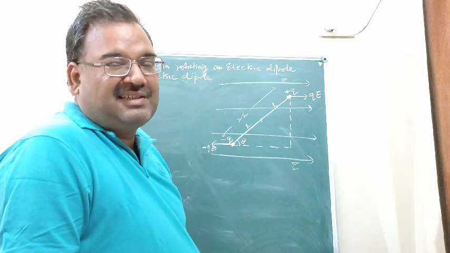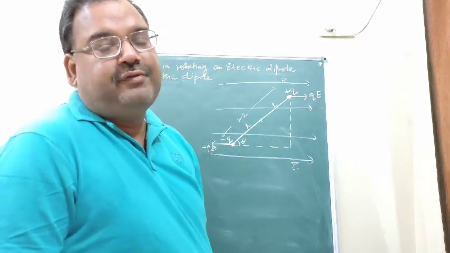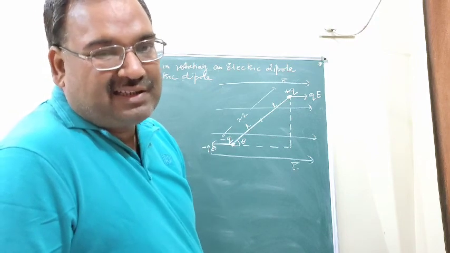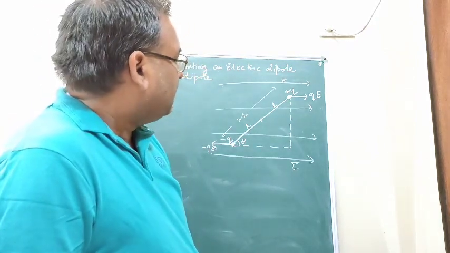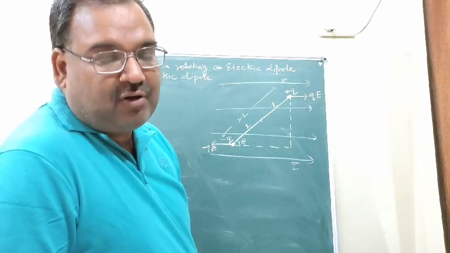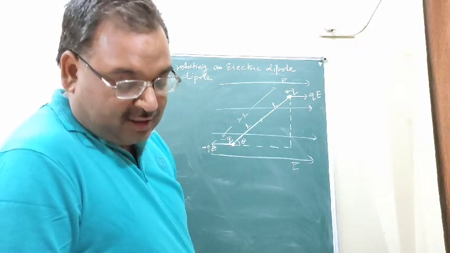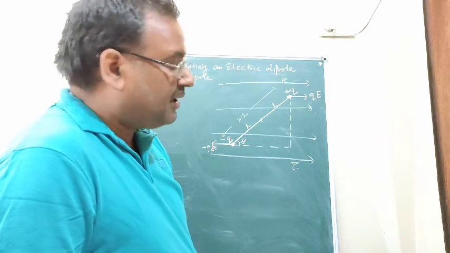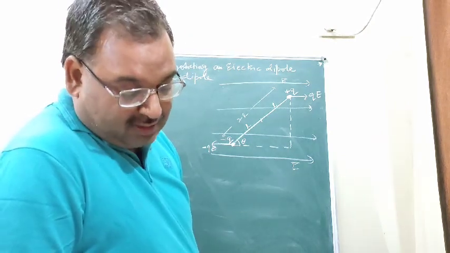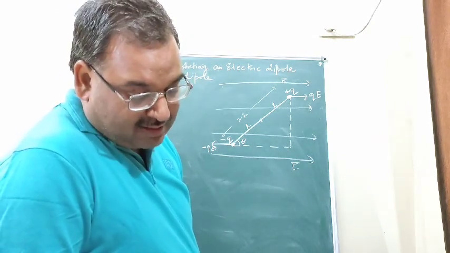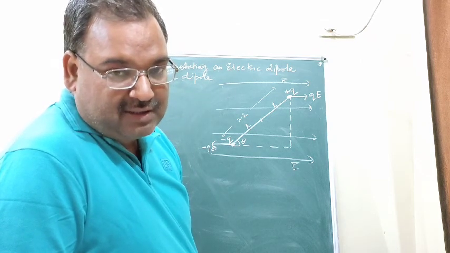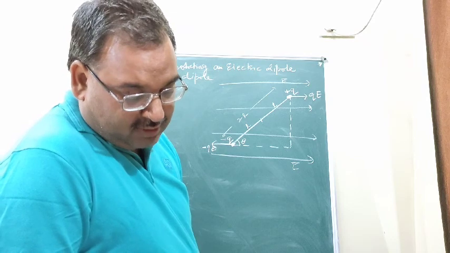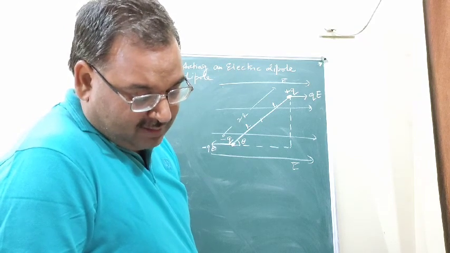Two forces acting in opposite directions, separated by a certain distance, form a couple. A couple rotates the object on which it is acting. So there will be a torque acting.